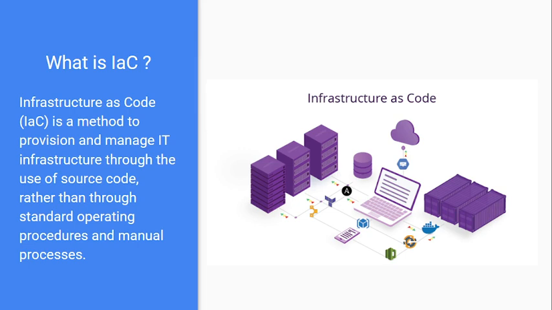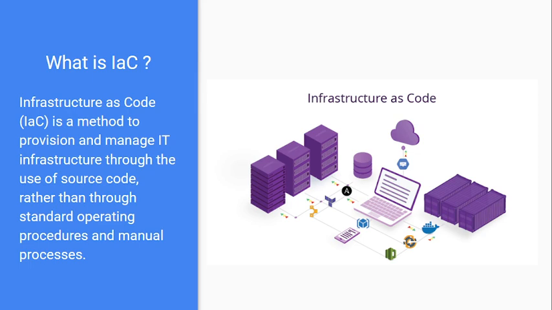Till now, what we have done is we have created the VMs, that is EC2 instances, using the command line or using the GUI, user interface. That is, we are creating it manually. But instead of doing it manually, we can also do it using some coding.